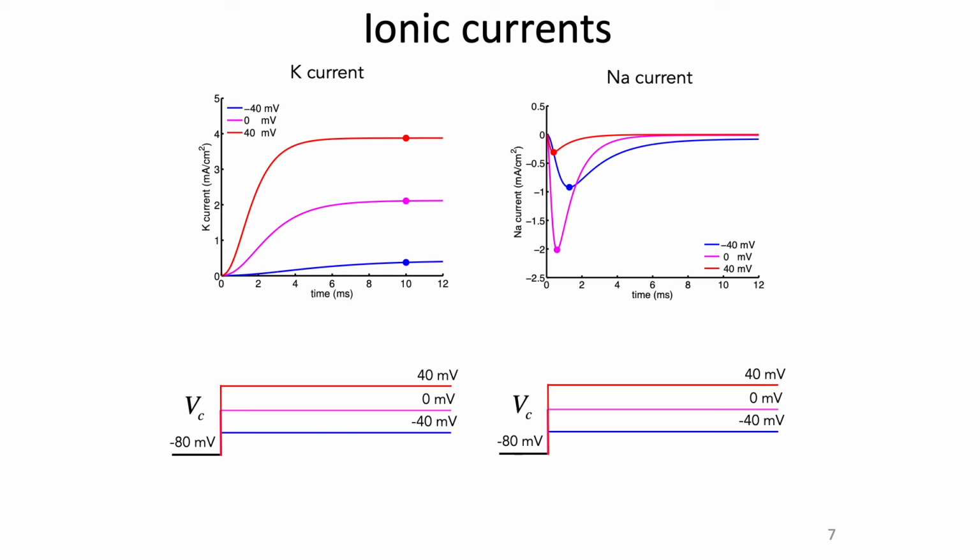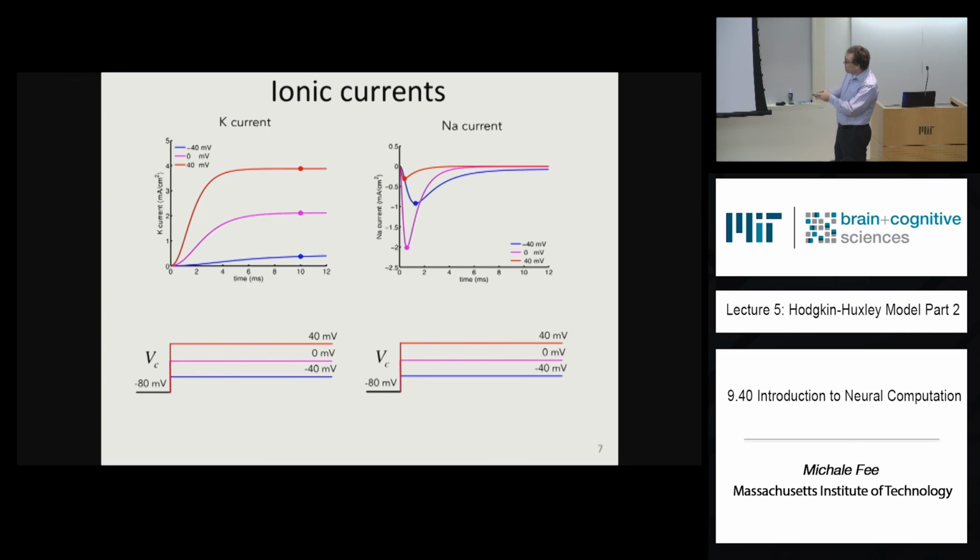We start hyperpolarized, we step up to -40 and measure this potassium current. We step up to 0 and you see this larger potassium current. If you step from -40 to 40, you see an even larger potassium current. And you can plot this peak current or the steady state current as a function of voltage. All right, that gives you an IV curve, and we'll look at that in a second.